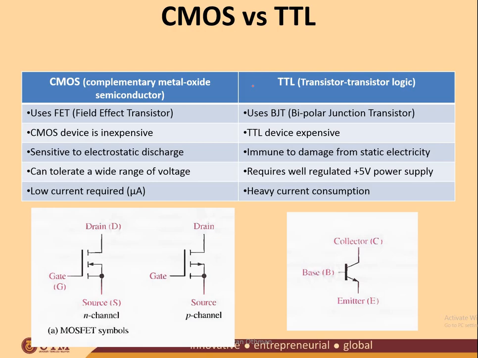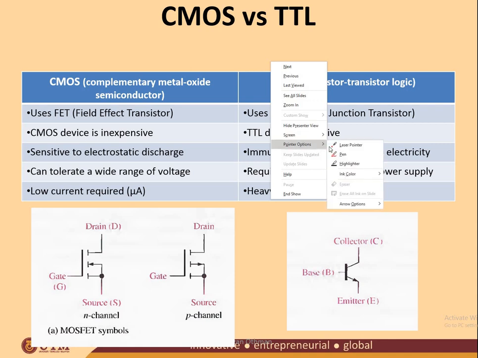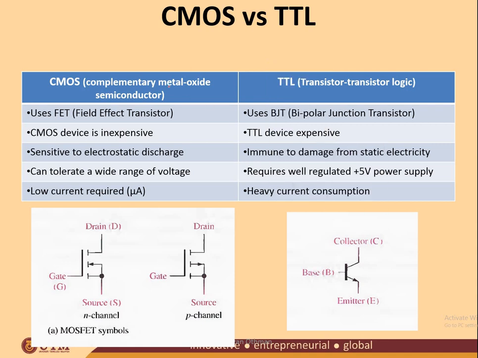Now we come to the end, which is the comparison, compare and contrast between these two technologies: CMOS, the complementary metal oxide semiconductor, and TTL, transistor-transistor logic. CMOS uses FET, which is field effect transistors.